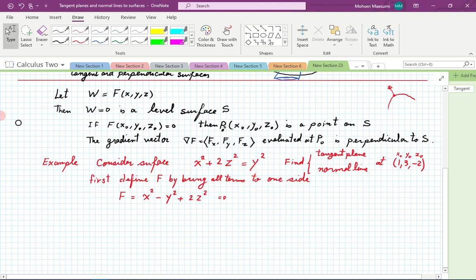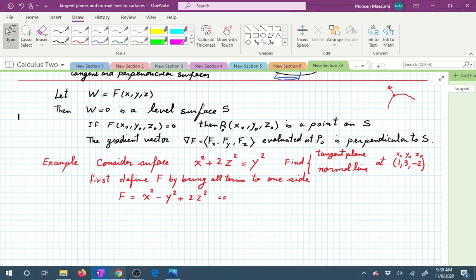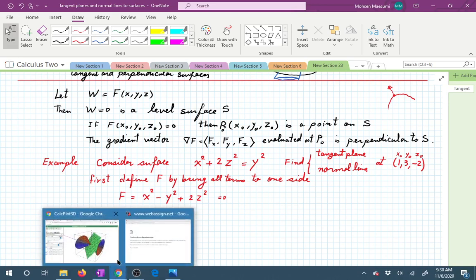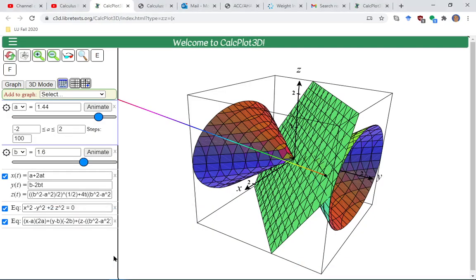Next issue is, well, how do we answer these questions? Before we go there, let me just show you a little bit of a picture so that we have an idea of what we are aiming for. I prepared something here on this nice and amazingly free website. You can go ahead and graph all sorts of things.